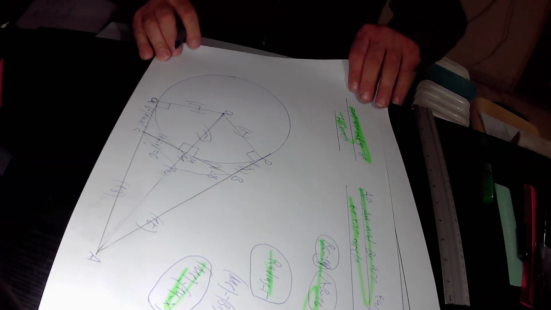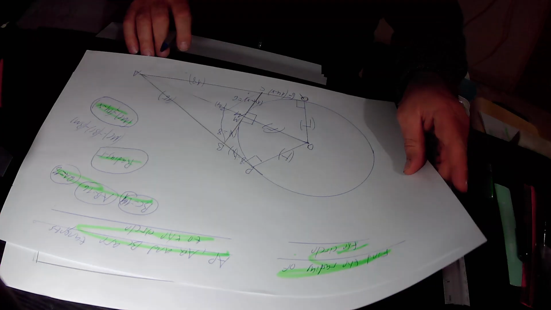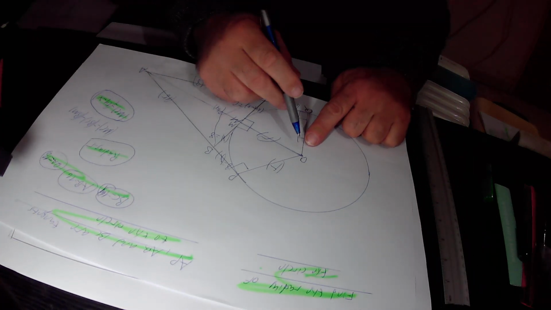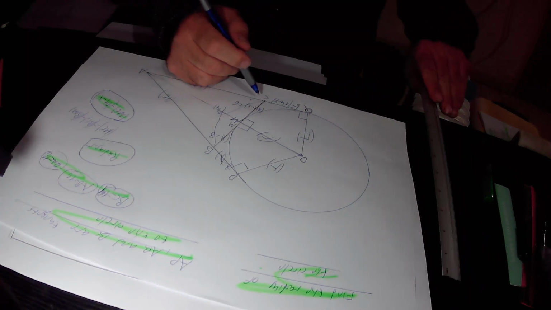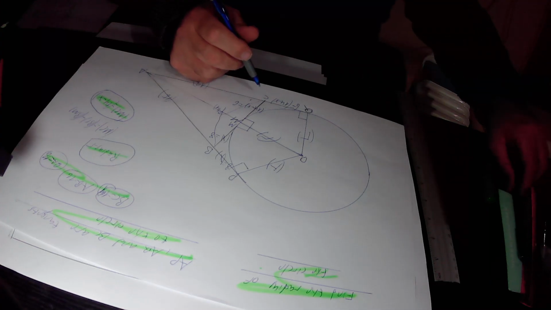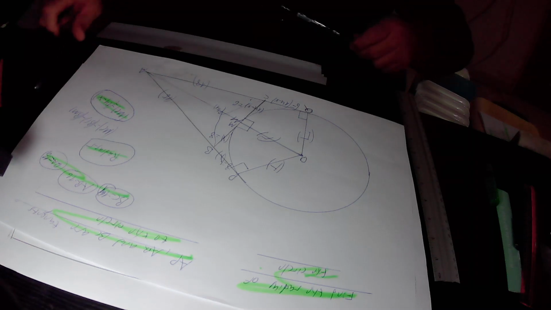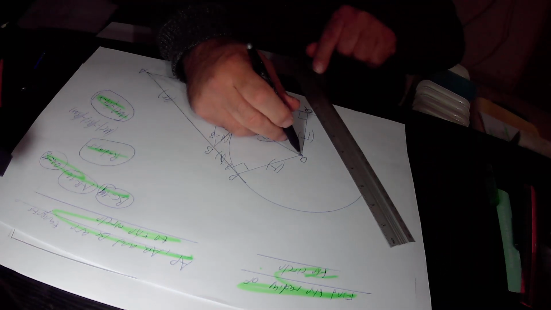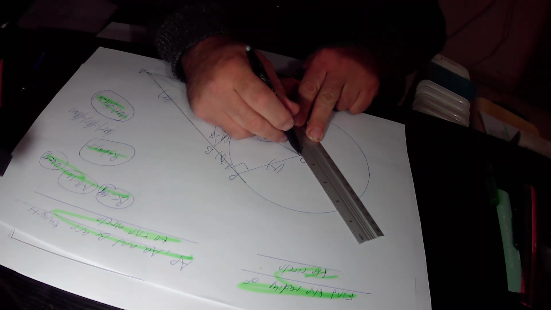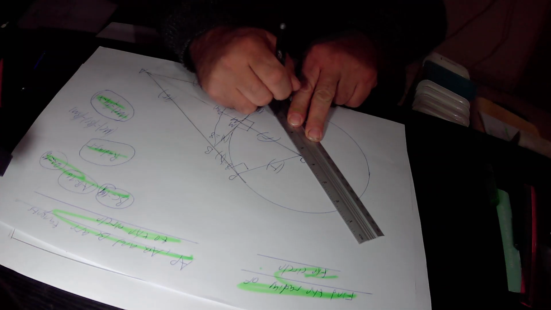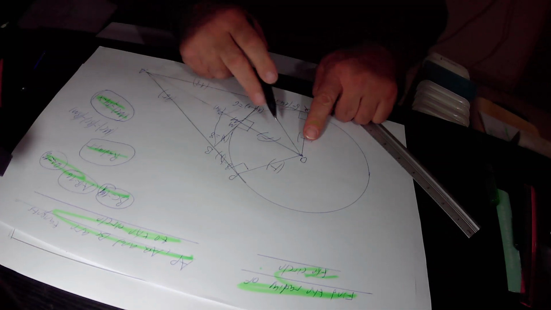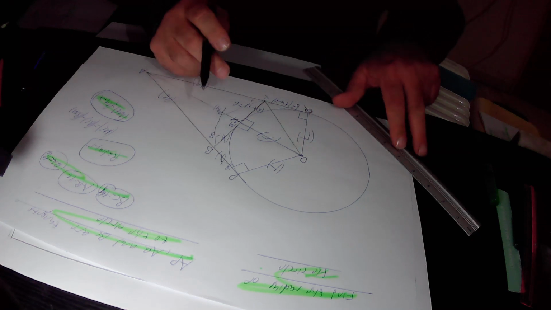In the next step, we join points O and C together by a side line. And we join points O and B together by a side line.